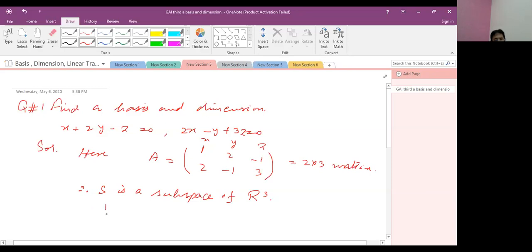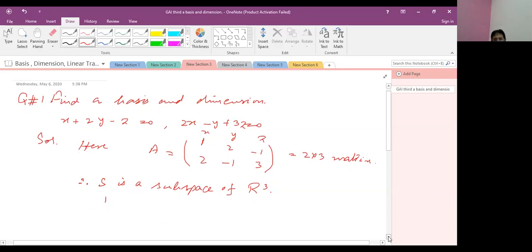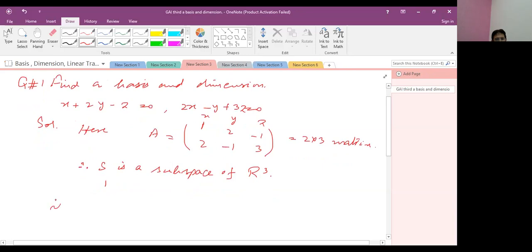So here we are applying the row operation, student. Do you know about the row operation? It means first row as it is.